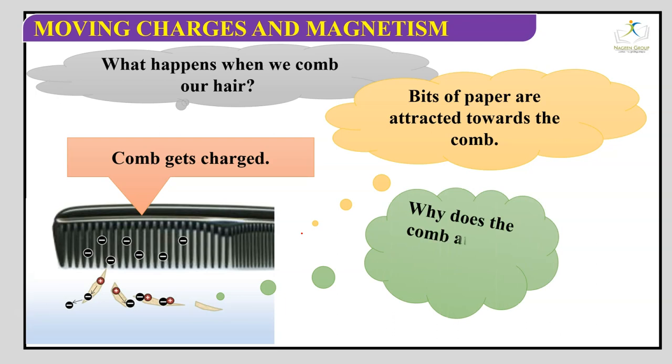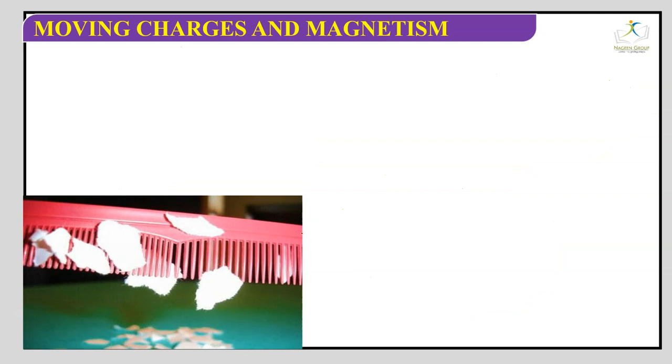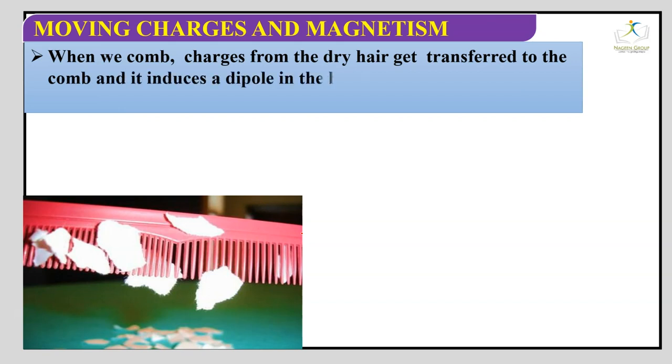Why does the comb attract the bits of paper? The reason is simple. When we comb, charges from the hair get transferred to the comb and induce a dipole in the bits of paper, and they get attracted.